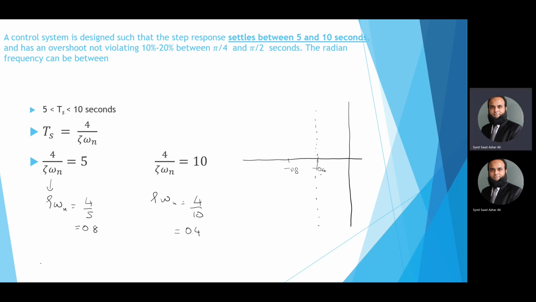Like this, and another line at 0.8 like this. So it has to be in between these two. I could have drawn a straight line actually. It has to be between 0.4 and 0.8. I hope that this is making sense.